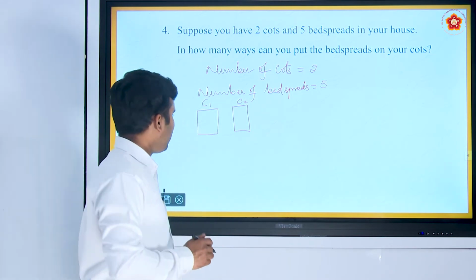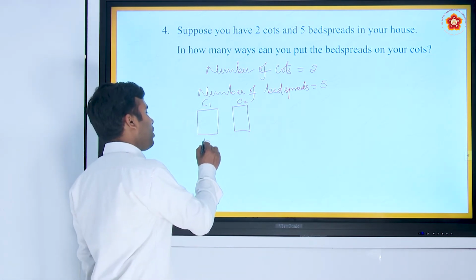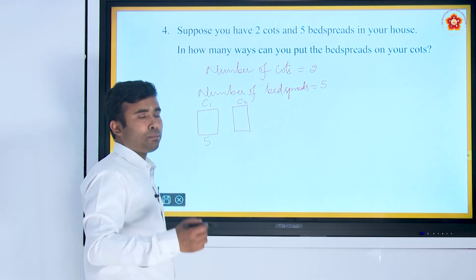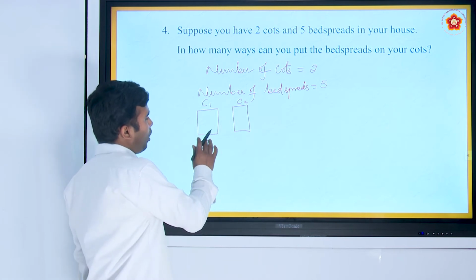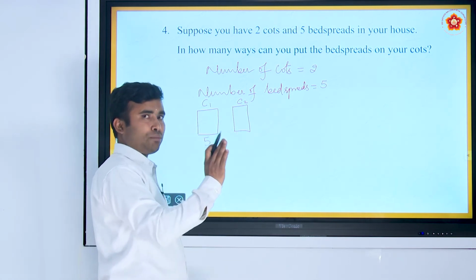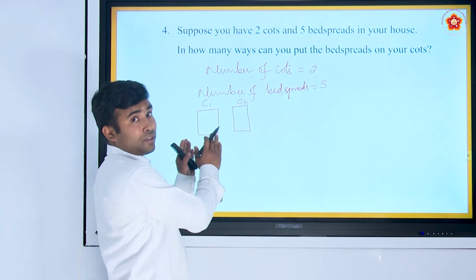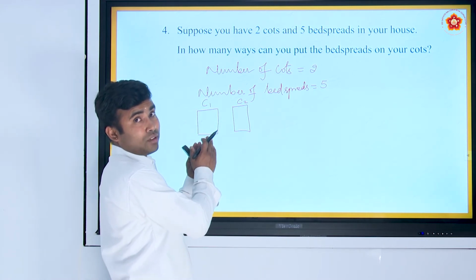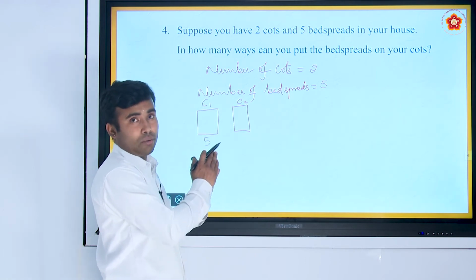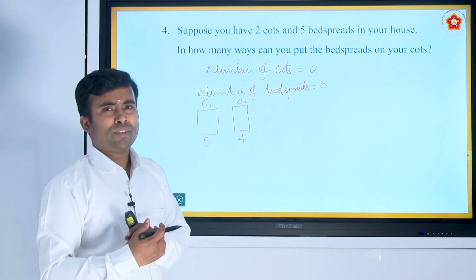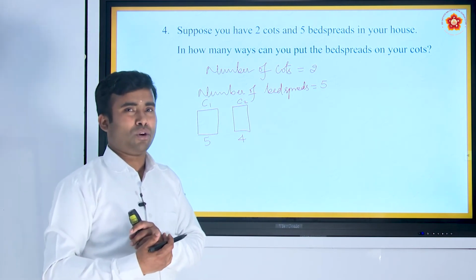I can have 5 ways because I have 5 bedspreads, and out of 5, now 1 is removed, which is already on cot 1. Then how many ways can I put in the second cot? It will be 4 ways.